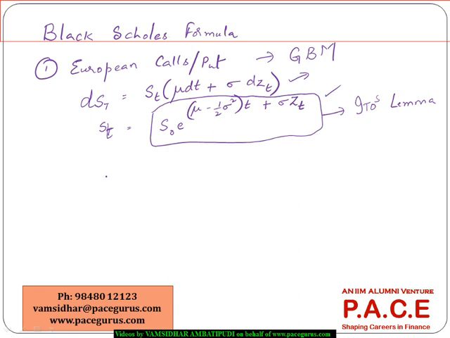If I denote the risk-free cash bond by B_t, then the return is the risk-free rate of return. The change in the price of a risk-free bond in time t is r times B_t dt, which means the solution is B_t equal to B_0 times e to the power rt.